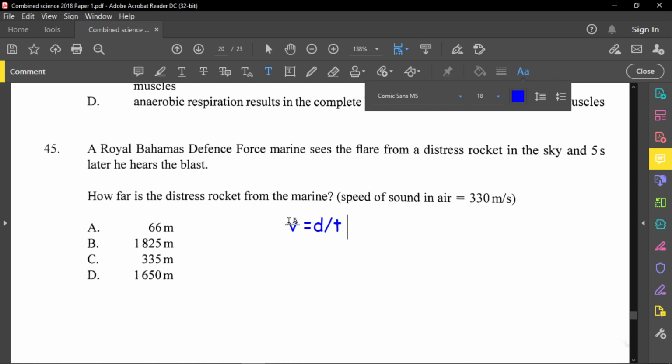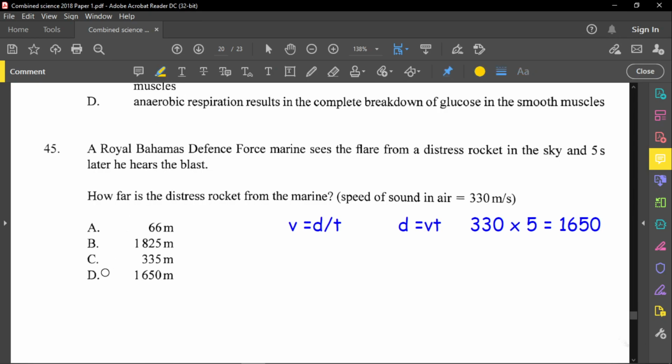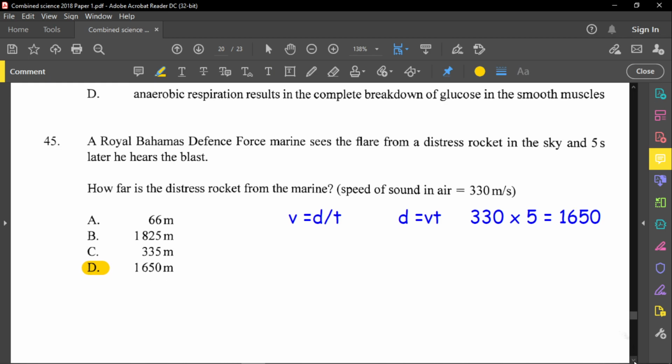We want to find distance, since I say how far. So distance equals velocity times time, V times T. So that is 330 times 5 seconds, which gives us 1,650. And so our answer right here will be D for 45.